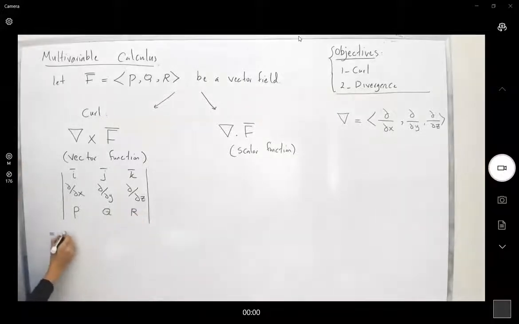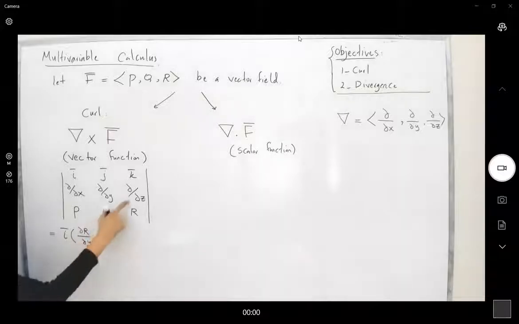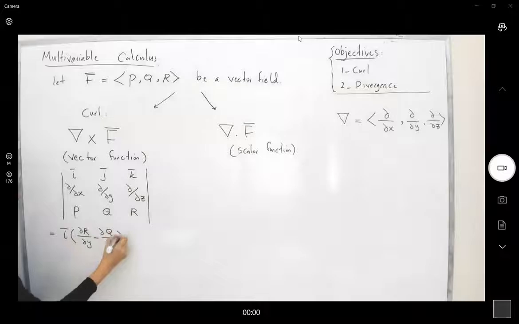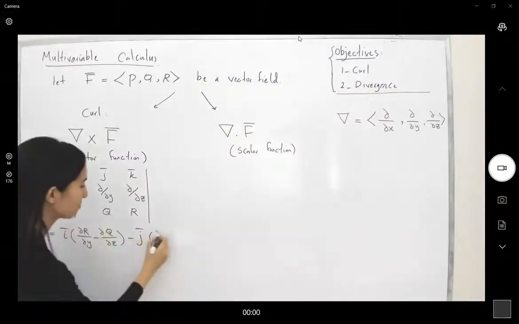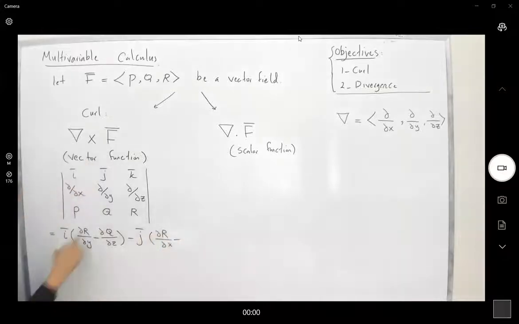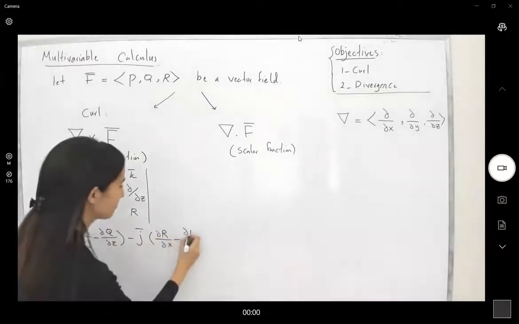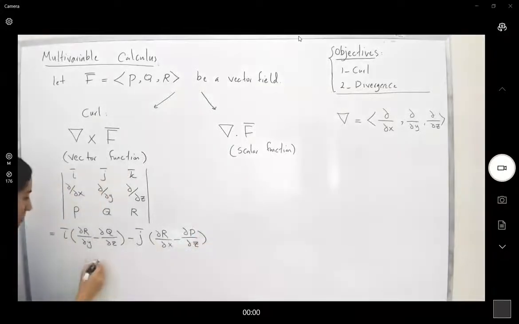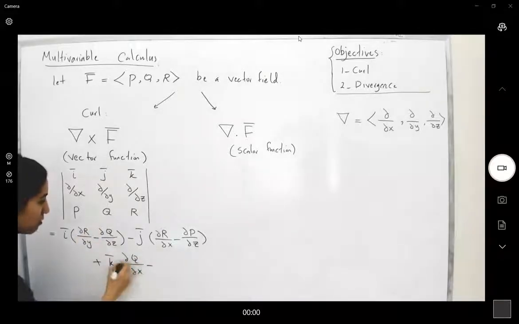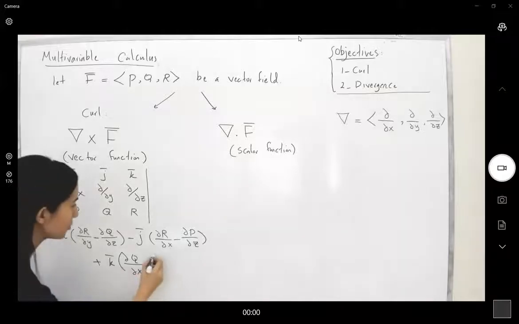So this is equal to i times the partial derivative of R with respect to y minus the partial derivative of Q with respect to z, minus j times the partial derivative of R with respect to x minus the partial derivative of Q with respect to z, plus, okay, now we are in the direction of the z-axis, partial derivative of Q with respect to x minus the partial derivative of P with respect to y.